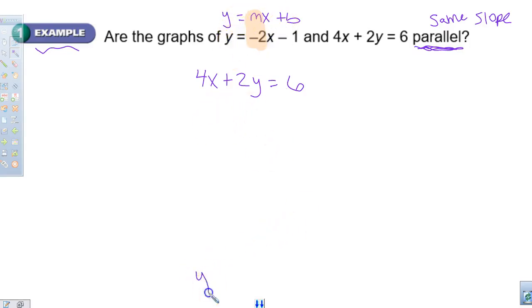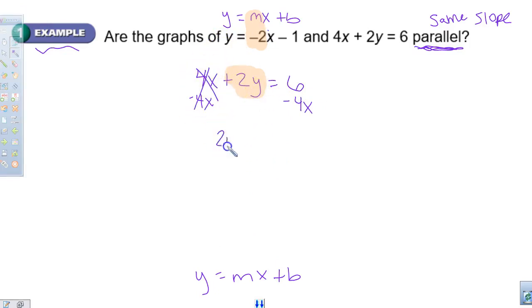So my goal is to get this equation to say y equals mx plus b. I like to write my goal at the bottom so I know what I'm working toward. I need to start off by getting this 2y by itself. This is a positive 4x, so I'm going to subtract 4x from both sides.